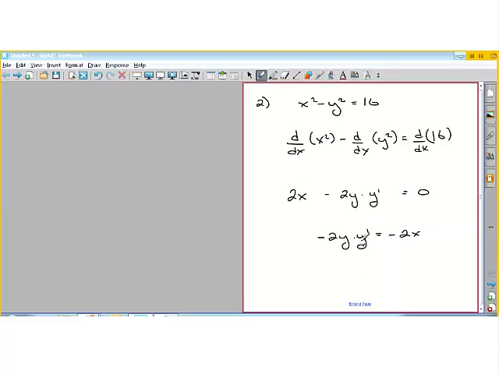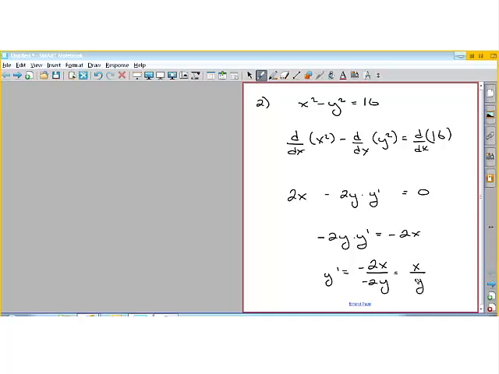Once we've got all the terms involving y prime on one side, we factor out the y prime, but in this case there's only one term, so you don't really need to factor out. So you get y prime is equal to negative 2x over negative 2y. And you simplify by canceling out the negative 2's, and you get that y prime is x over y.